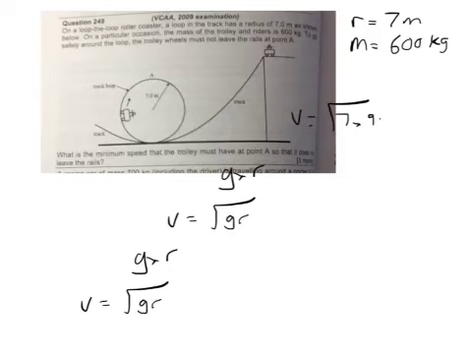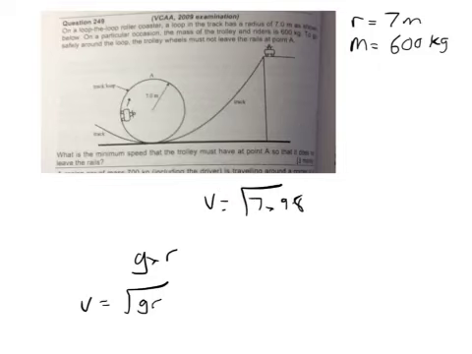Because we want the speed, we just need the magnitude, we don't have to worry about a direction. Putting our values in, we get v equals the square root of 7 times 9.8, which gives an answer of approximately 8.3 meters per second. That would be to the right, but because we need the speed, we just need our magnitude.